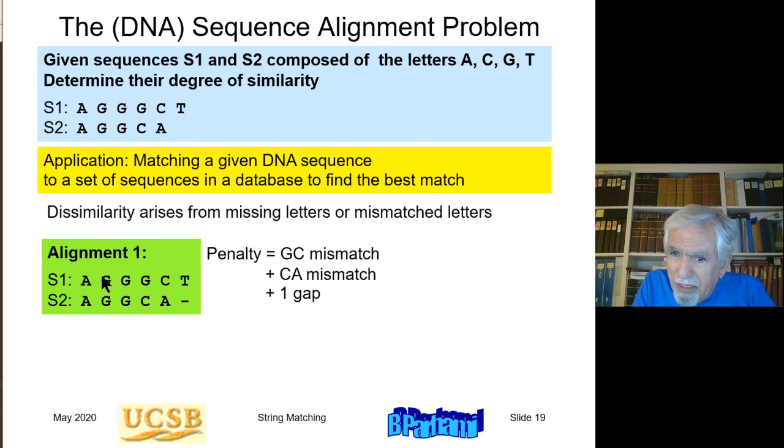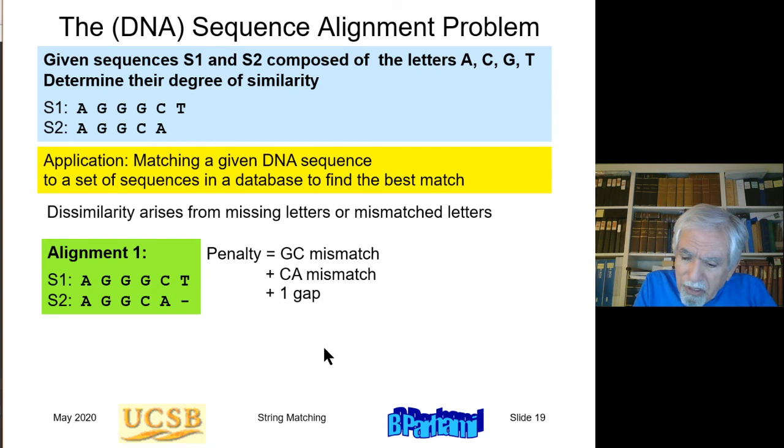So for example, if I align these two sequences the way I've shown here, there's a match in A, there's a match in G, there's a match in this G, there's a mismatch, and there is a missing entry, a gap. So the total dissimilarity between these two is a GC mismatch, a CA mismatch, and one gap.